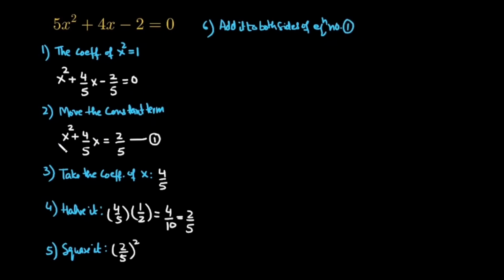So this is x square plus 4 over 5 x plus 2 over 5 square equal to 2 over 5 plus 2 over 5 square.